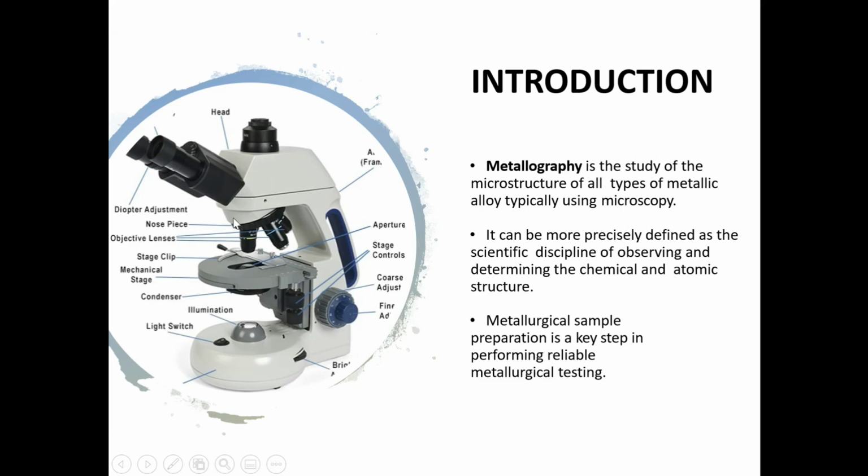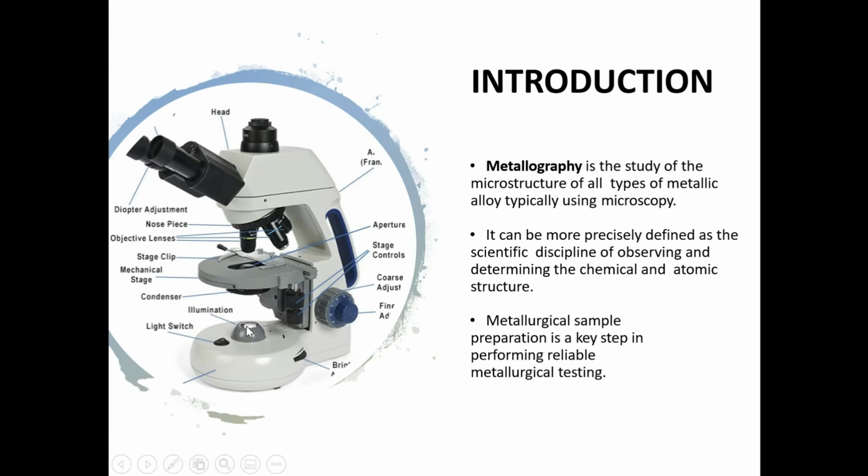A typical microscope is as shown in the figure, where you can observe the microstructure through these different lenses. There are three objective lenses shown in the figure, and here is an eyepiece from which we observe the microstructure. This is a switch which controls the light.